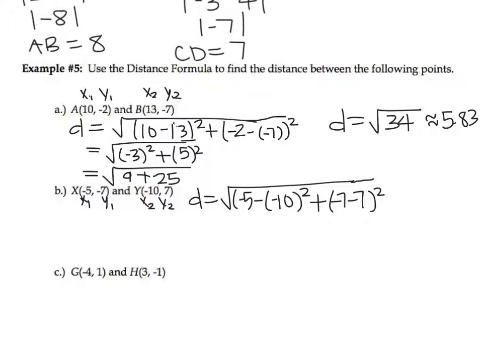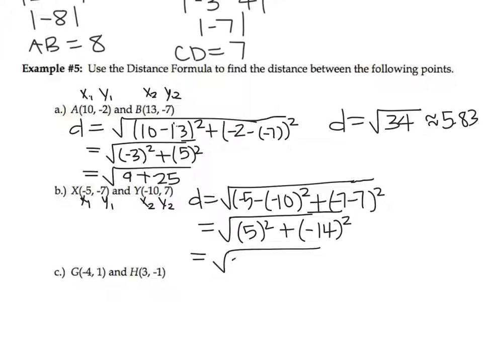Again, all underneath the square root. Changing the -5 minus a -10 to addition, we get -5 plus 10, which is 5. So we have 5 squared plus -7 minus 7 is -14 squared. 5 squared is 25. -14 squared is 196.